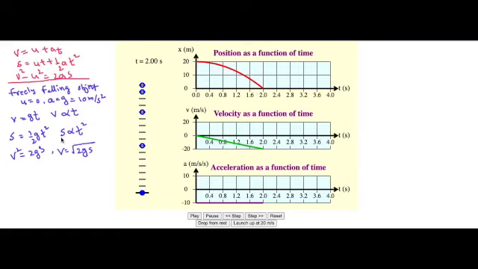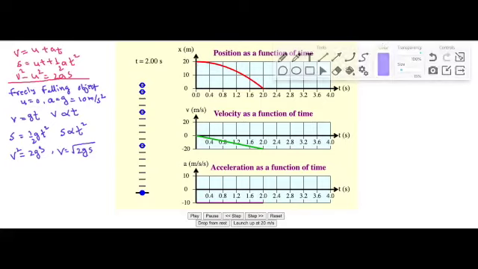As I have mentioned here, the position is directly proportional to t square, which means the position versus time graph will be parabolic in nature. Please observe here.